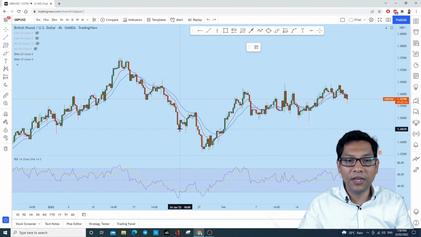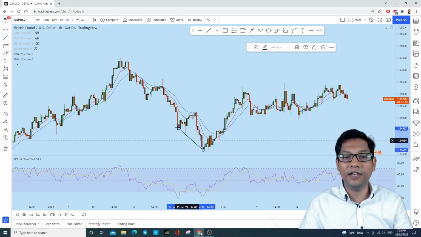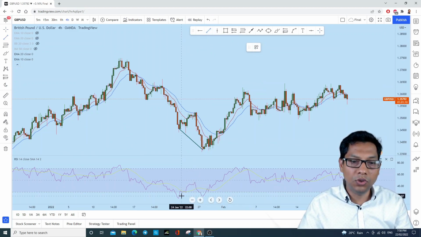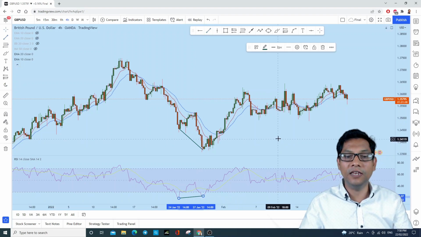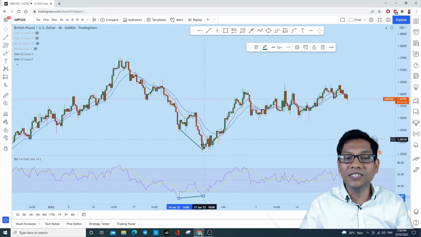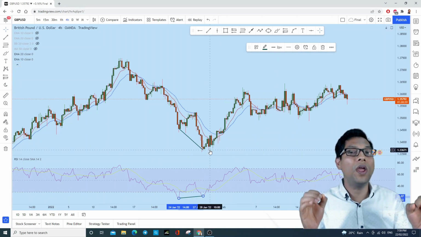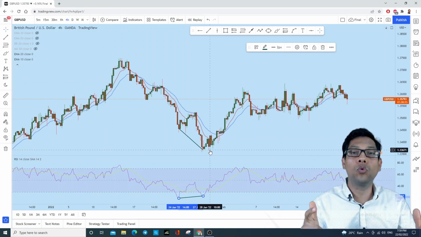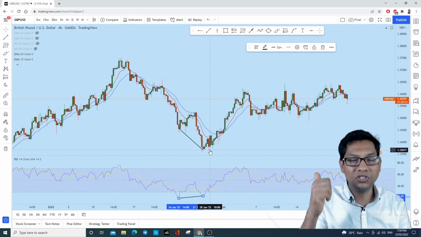So let me show the divergence. This is the downward move, the price dropped, but in the indicator, the price created a new higher low. So we saw a clearly defined divergence. When this divergence happens, you need to wait for an entry trigger. The entry trigger could be anything according to your strategy.